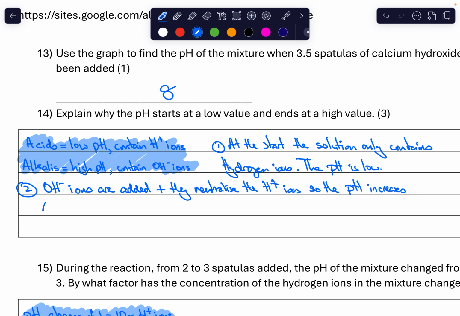And you could also, if you want to show off, you could say at pH 7, your hydrogen ions equal your hydroxide ions. So the number of hydrogen ions equals the hydroxide ions. And then the final bit, at the end, all the H plus ions have reacted.